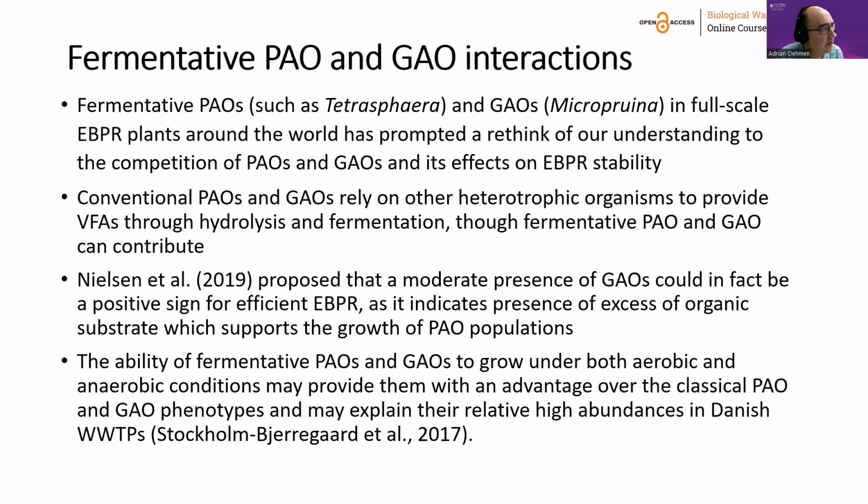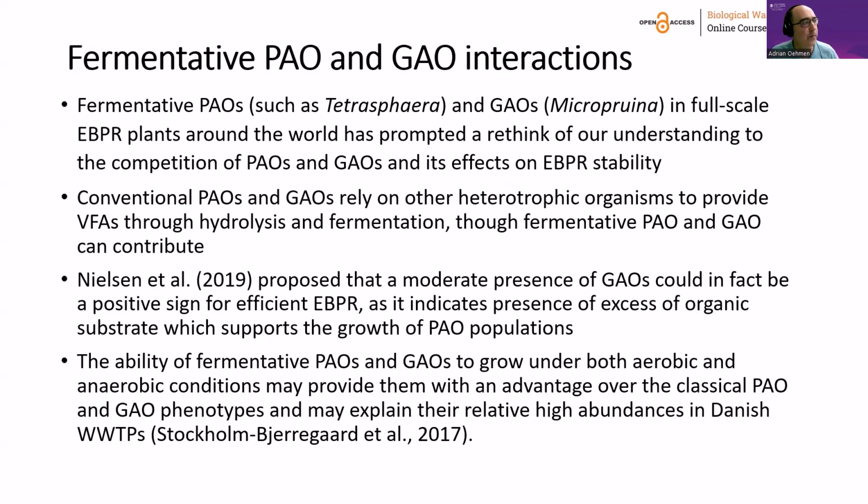And accompanying this, I want to talk also about the conventional ones. Those are the conventional PAOs of Accumulibacter and conventional GAOs of Competibacter and Defluviicoccus, but there are also fermentative PAOs and GAOs that were brought out. Fermentative PAOs like Tetrasphaera, we brought up a little bit in the microbiology discussion.